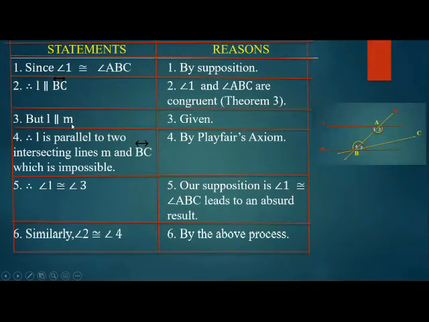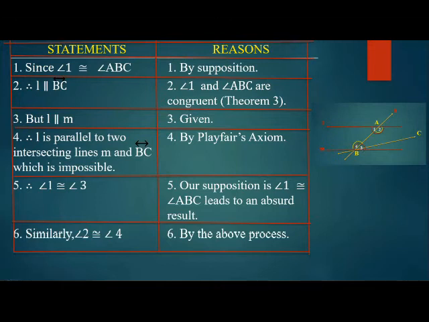So the statement says that angle 1 is congruent to angle ABC by supposition. Angle 1 is over here and angle ABC is over here. What we have done here is create a contradiction, saying that angle 1 is congruent to angle ABC instead of angle 3, which is our theorem.